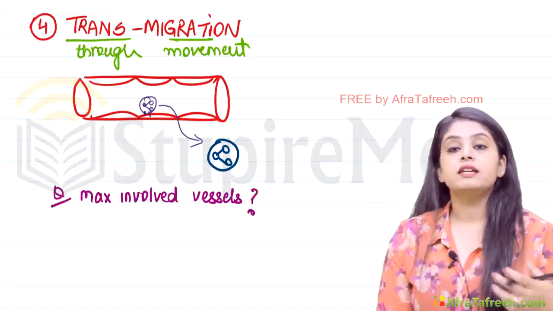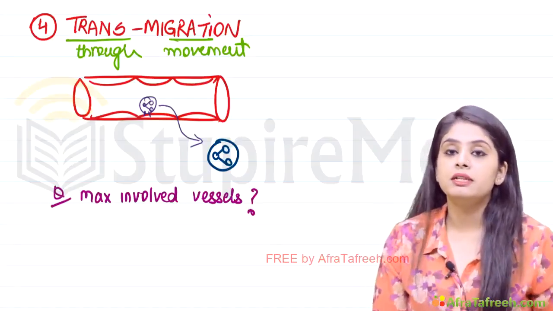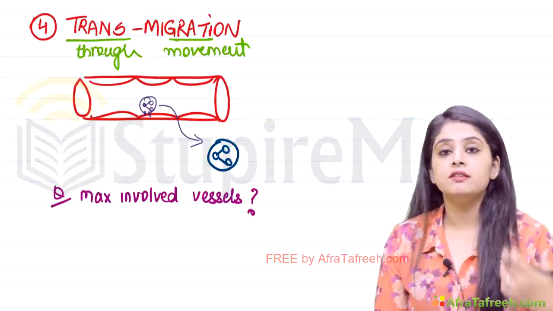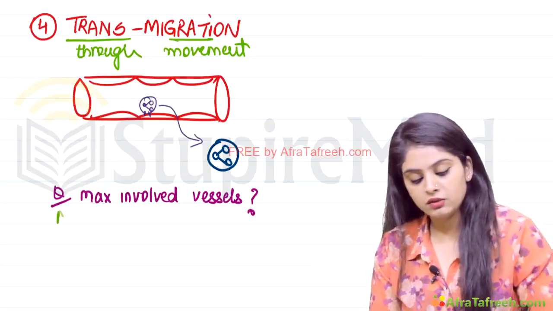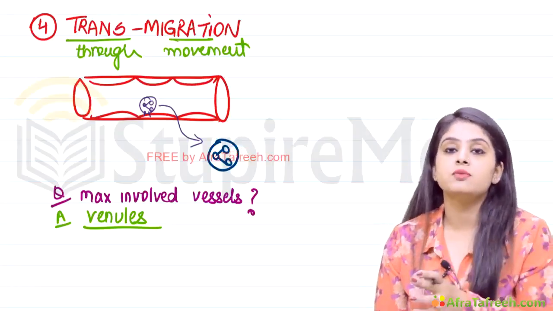Remember, usually when we had done vascular events, what was the maximally involved vessel for vascular permeability? It was venules. Maximum permeability was seen in venules. Similarly, maximum transmigration is also seen in venules. But whenever, remember, we have a rule, we have an exception.